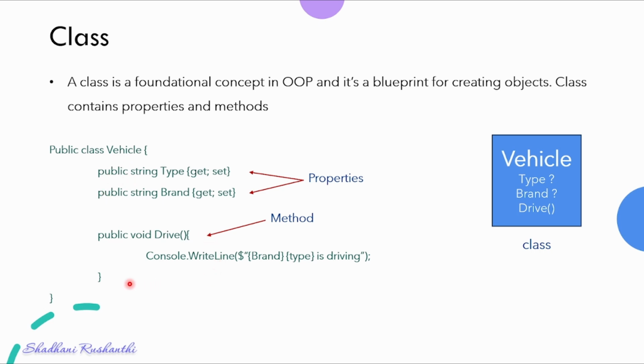This is how we can define a method inside our class. It also has the access modifier, the data type of the return value, and the name of the function. Inside this function you can declare what you can do with this. This is the basic concept of a class and how to define a class using C#.